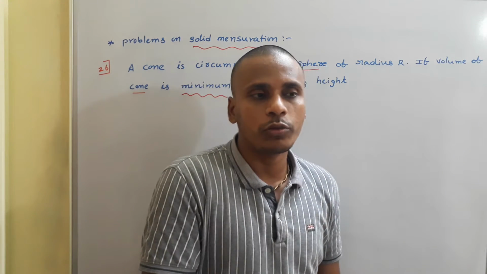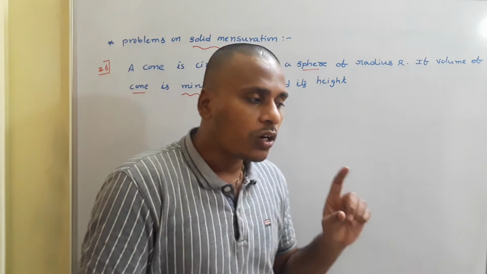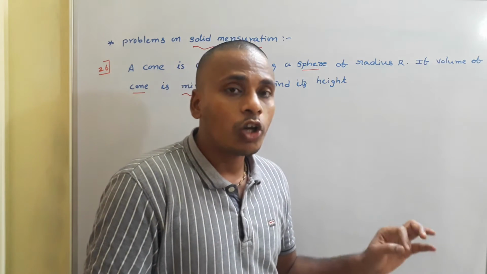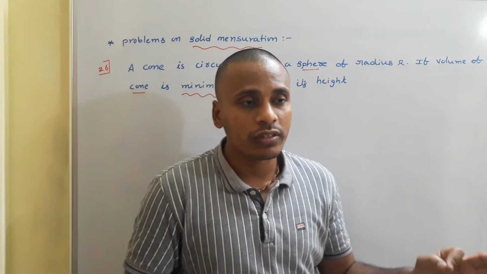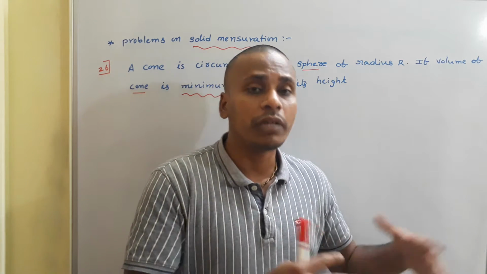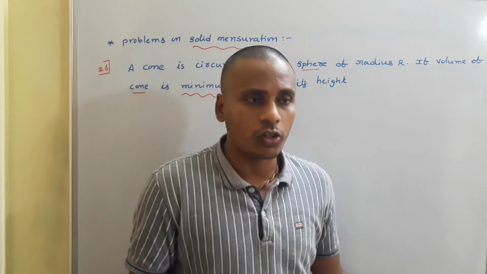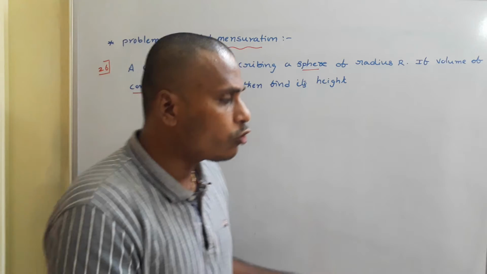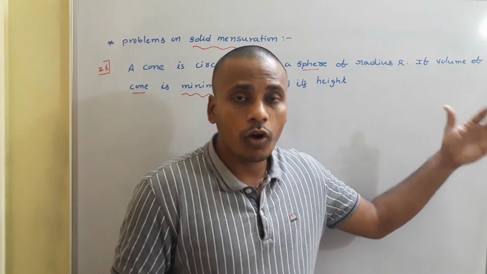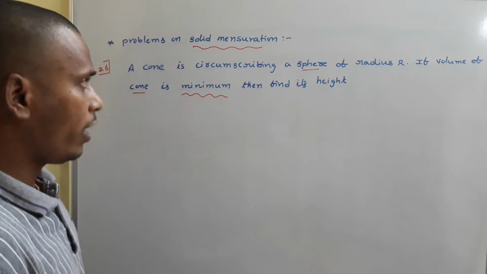There are many possibilities, and among those possibilities, for one cone the volume is minimum, and we need to find that minimum volume. Maximum volume is infinite, because you just take a bigger cone and there is a chance to inscribe this sphere for sure in that cone. So the maximum volume is unknown actually, and we need to find the minimum value.